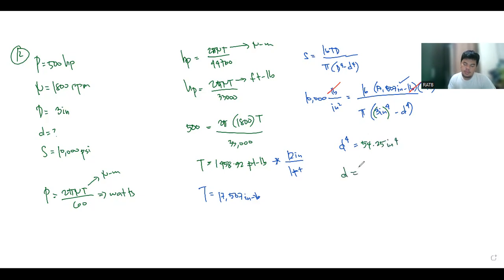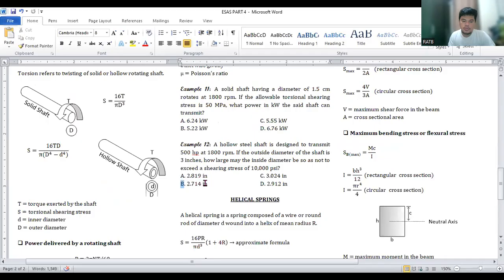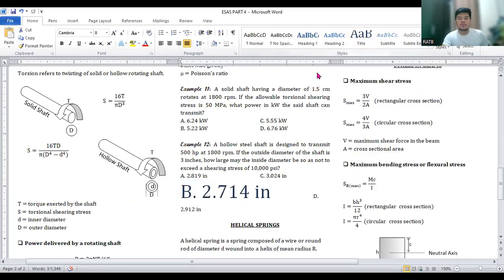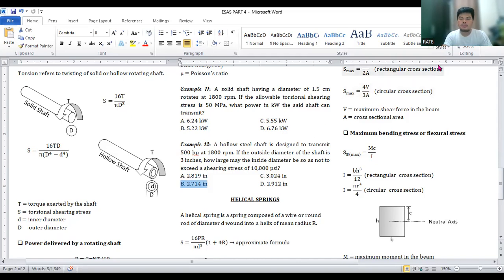So d here can be calculated as 2.713, or 2.714 inches. So that would be for item number 12.